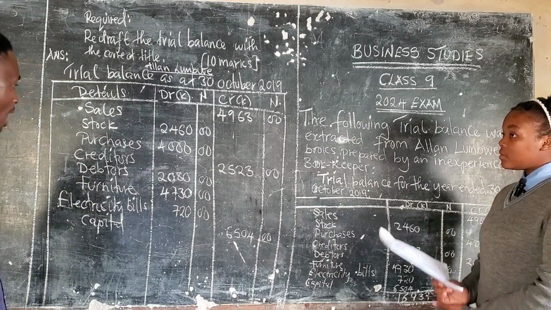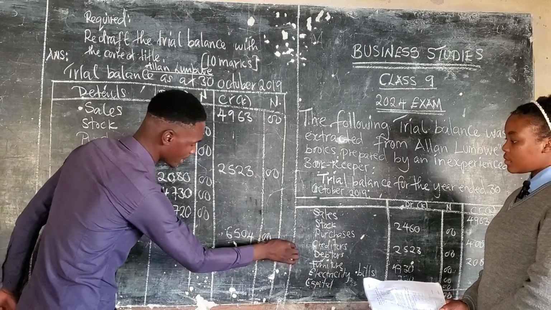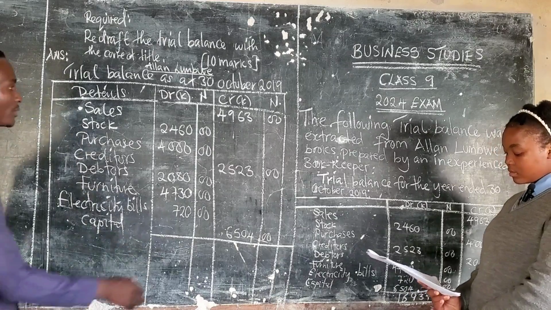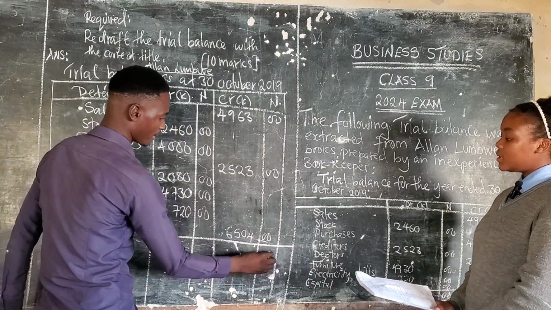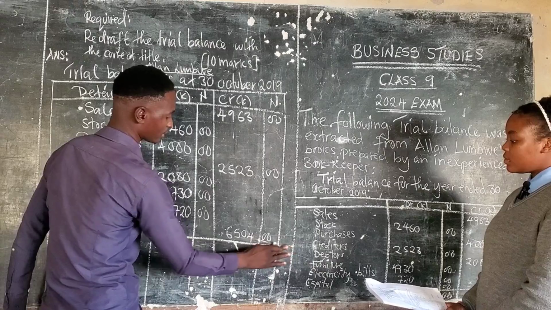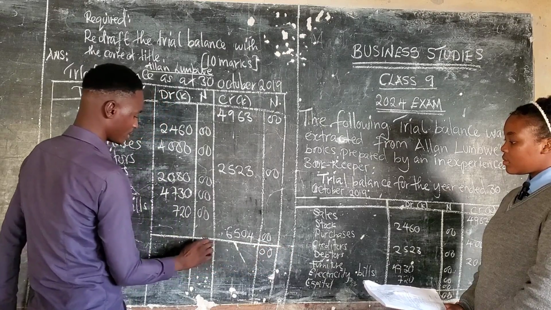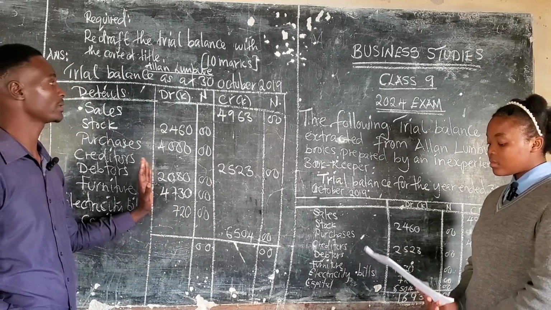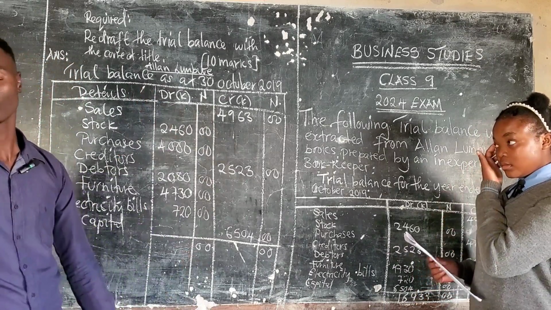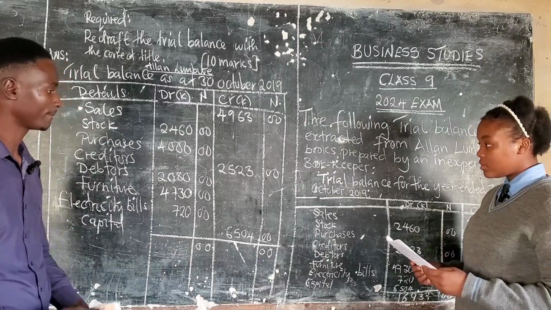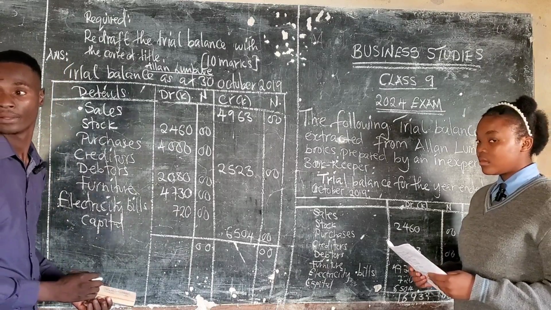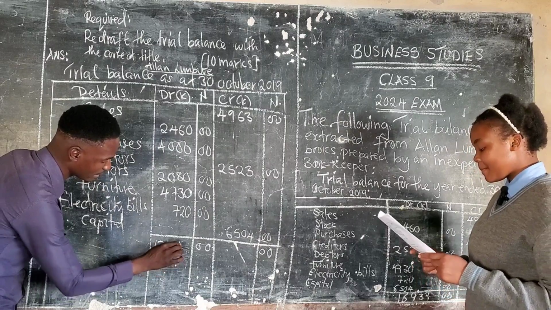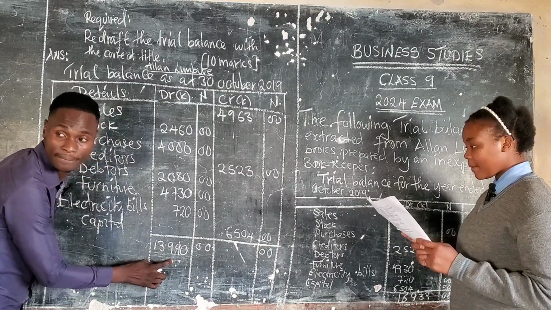Once you're done, you can put a line below the figures, then add. Someone to add on the debit side, another on the credit side. The total is 13,990.